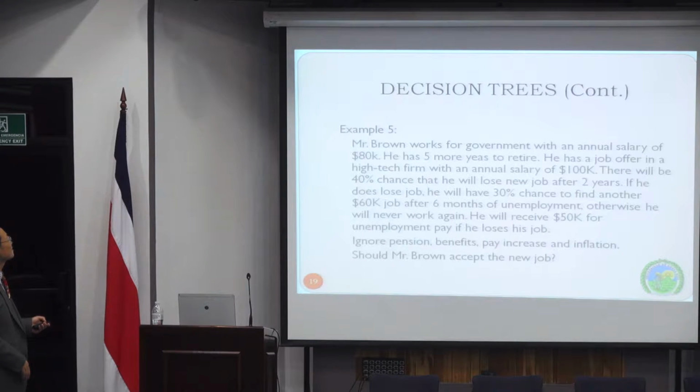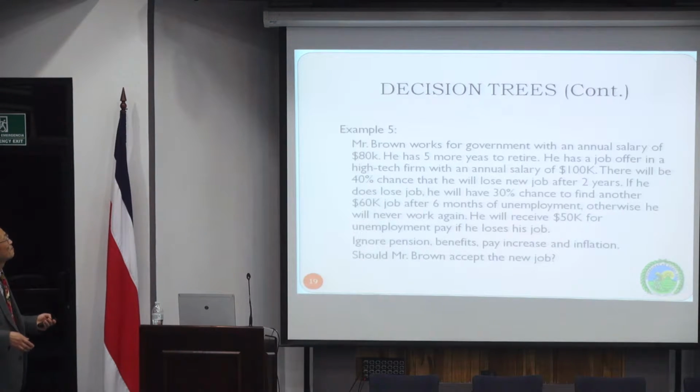If he loses his job, he will have a 30% chance of finding another, low-paid job after 6 months. Otherwise, he will never find a job again. He would receive $50,000 if he lost his job, as government compensation for job loss. So if we ignore everything and just take money into consideration, would Mr.